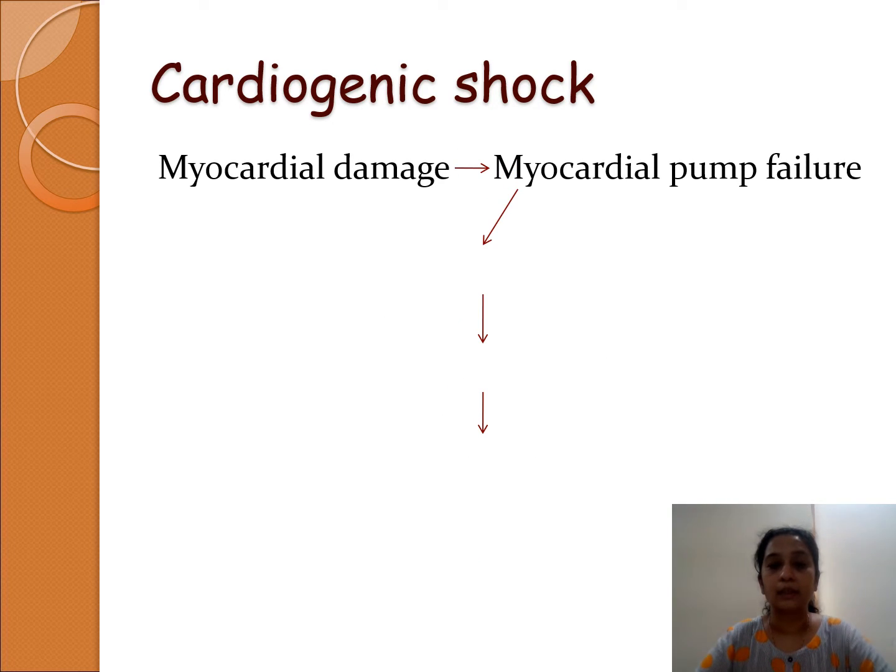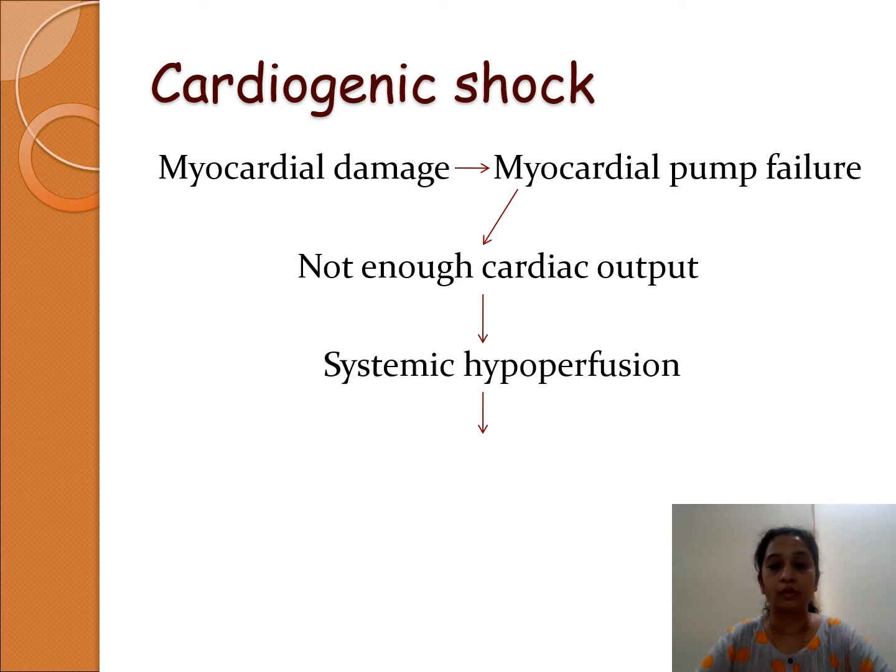What happens in cardiogenic shock? Here, the blood volume or the fluid volume is normal, but the pumping capacity of the heart is reduced, as happens in cases of myocardial damage due to various causes that leads to myocardial pump failure, which causes reduced cardiac output.